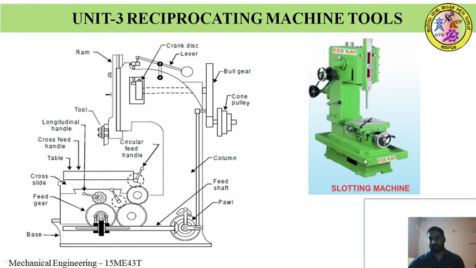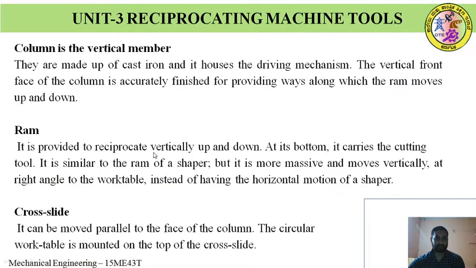This is a hollow casting made up of cast iron. It supports the vertical housing and also the rotary table. It is provided with a guide upon which the table is rotating here. You can see that this is the table and this is the base. It carries the vertical housing and it provides a base for the table upon which the workpiece is held.